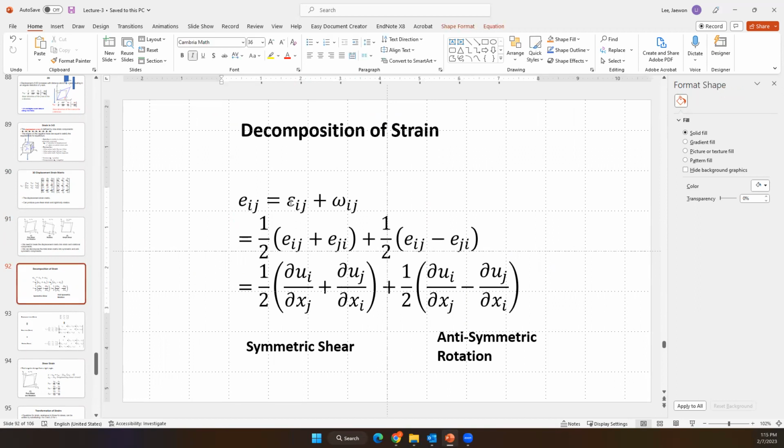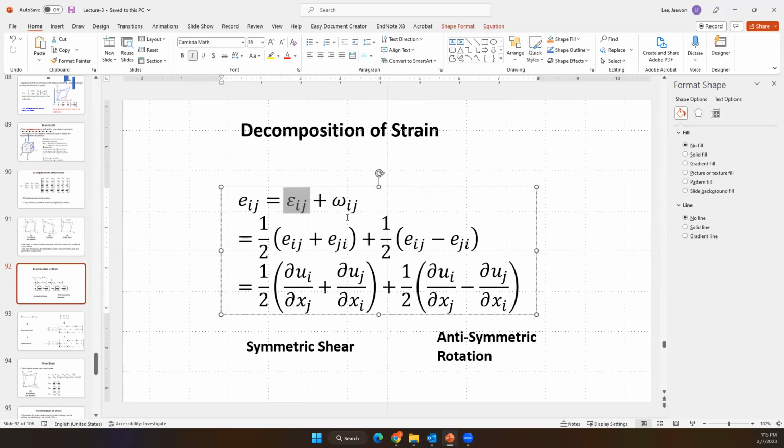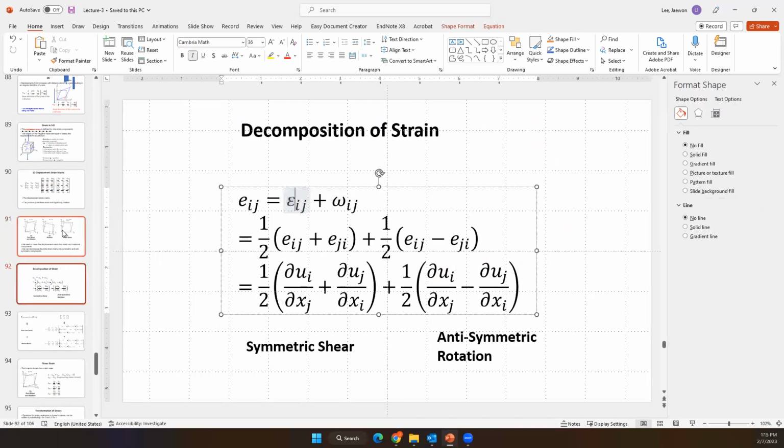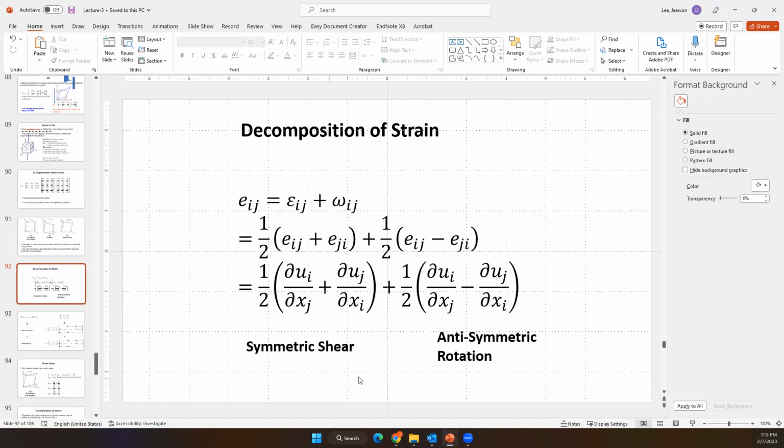The EIJ is the shear strain and WIJ is related to the rotation. This is the shear without rotation. This is the rotation. At that time, we can assume it is decomposed to EIJ plus EJI, and EIJ minus EJI. So this part is symmetric shear, and this part is antisymmetric rotation.